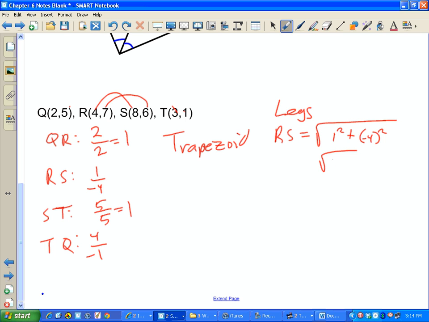So I get the square root of 17. The other leg would be TQ. I can already see I'm going to get the same thing, because this is the difference in x, this is the difference in y, so I'm still going to get the square root of 17. So I have congruent legs, so I could say isosceles trapezoid.